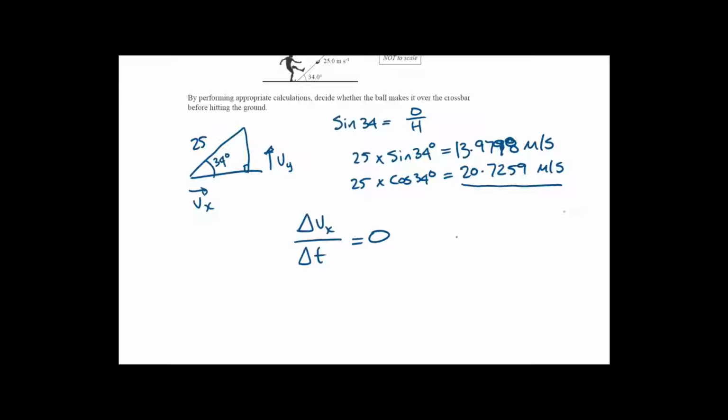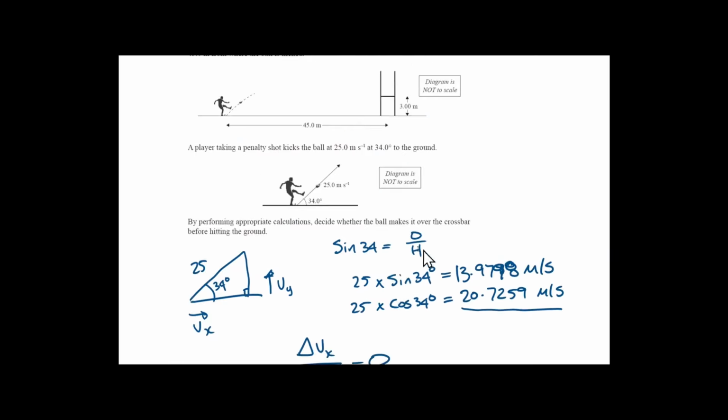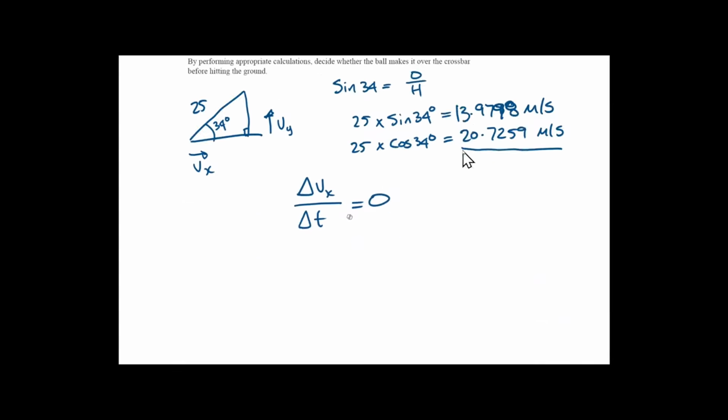Going up, though, we have this problem with gravity. But first off, let's be a bit tricky. So if it's going along the ground here at 20.7 odd meters per second, how long is it going to take, going at that speed, before it travels 45 meters?